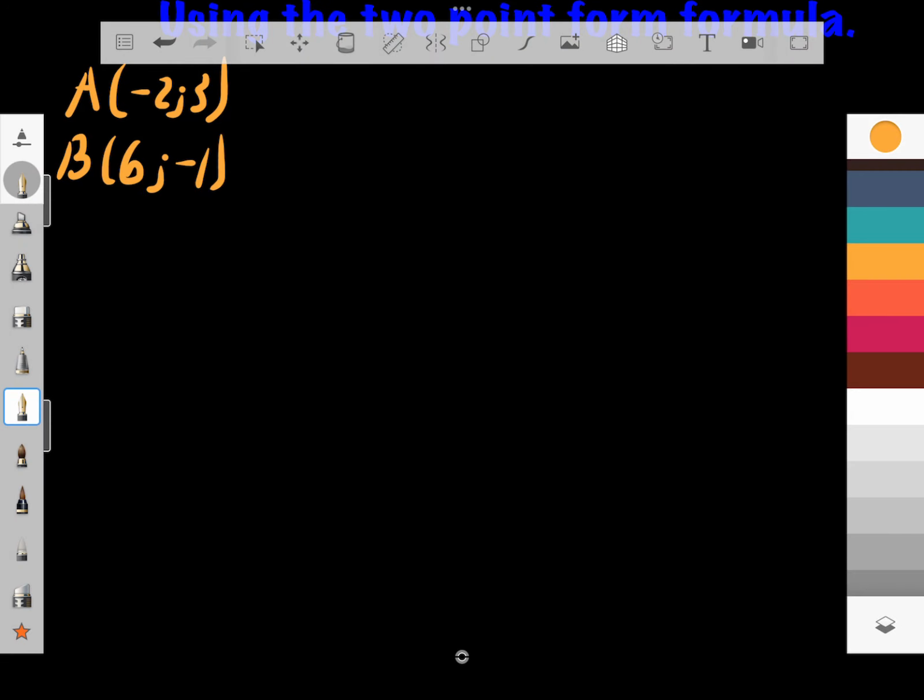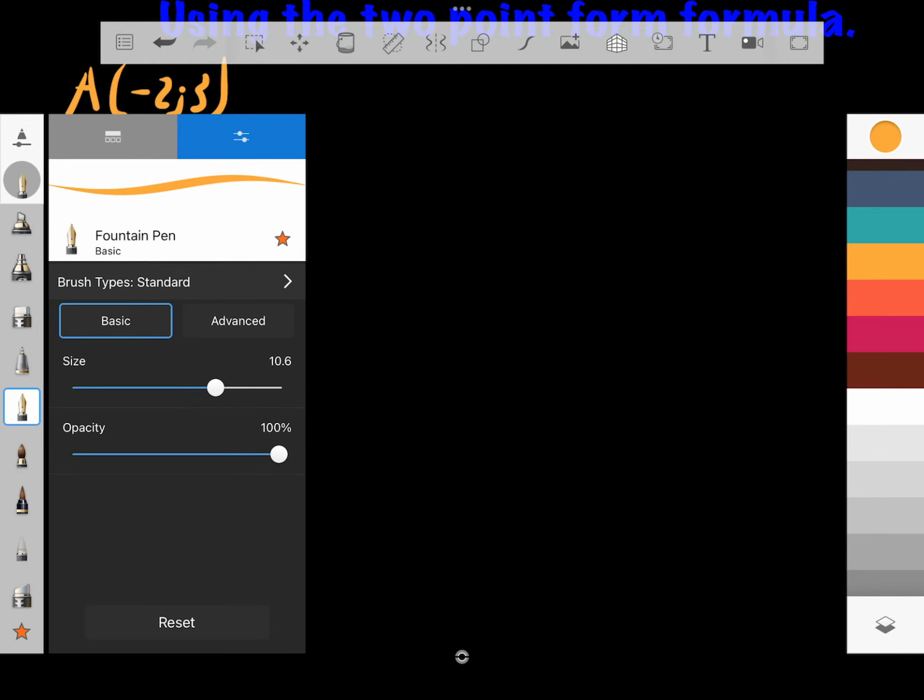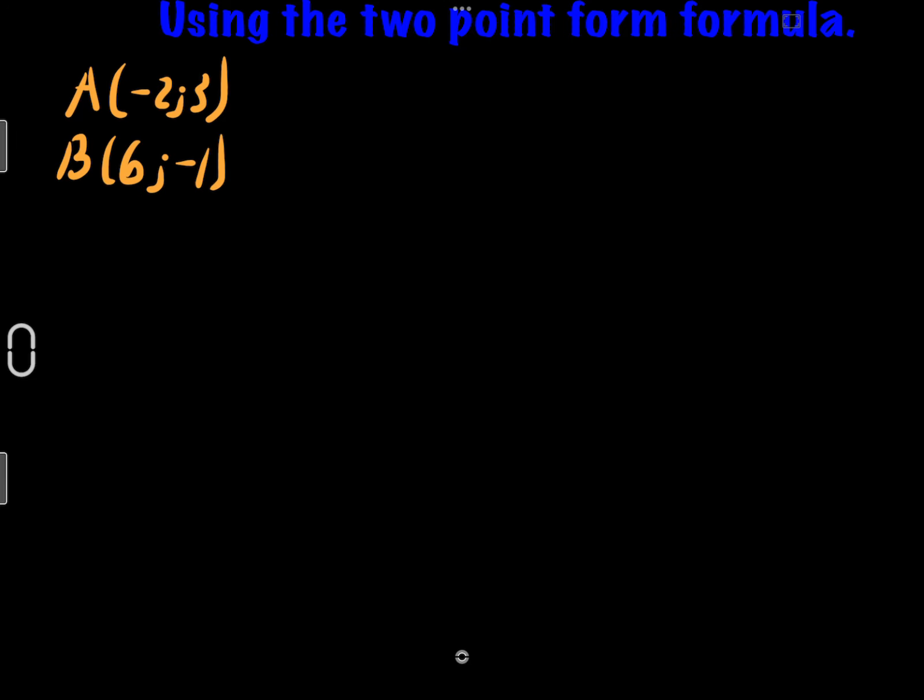There's also one thing that I like to emphasize with regards to this. Now notice with regards to this identity, at point A, we have x2 and also y2.